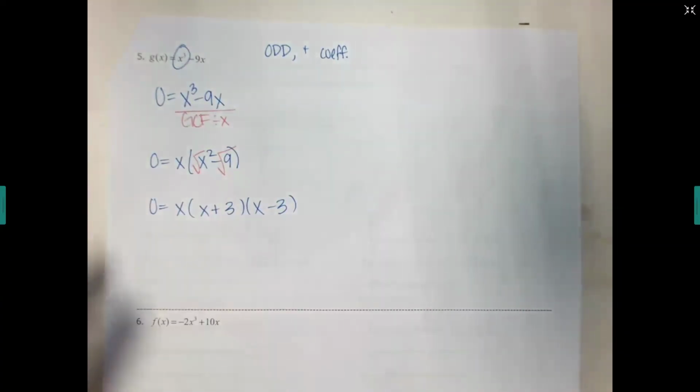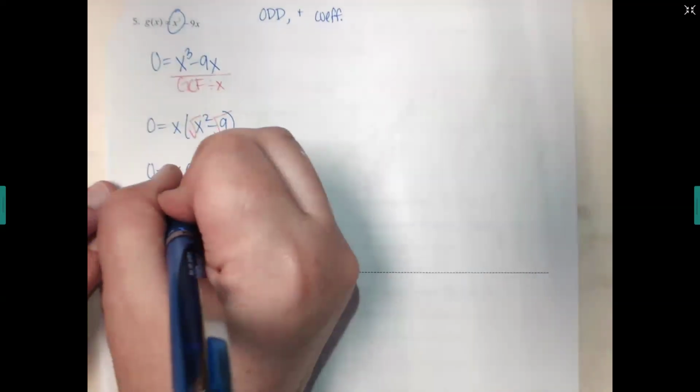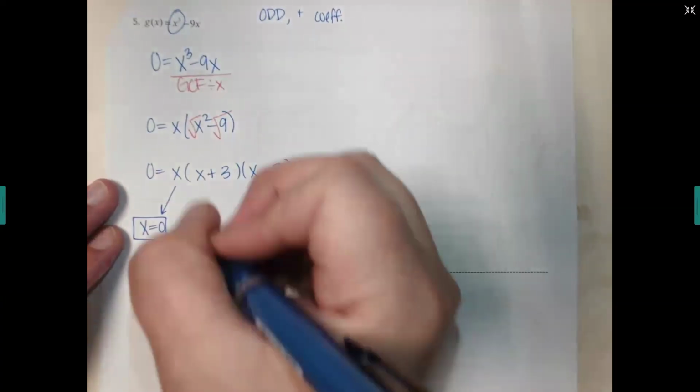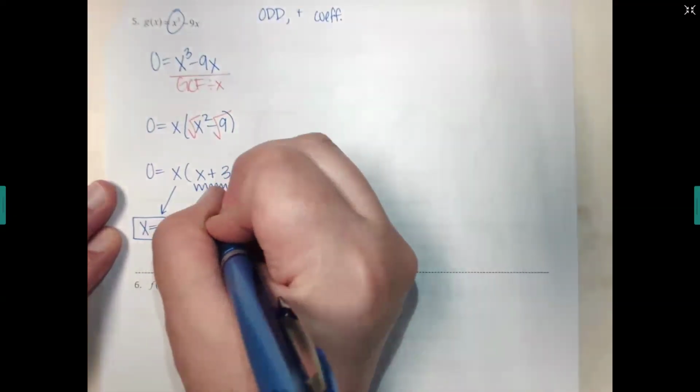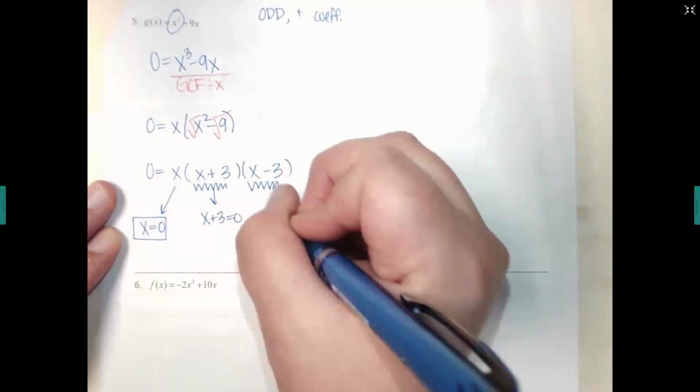Then you take each one of those and set them equal to 0 separately. For the first one, I know my x is 0. Then I let my x plus 3 equal 0. Then I let my x minus 3 equal 0.